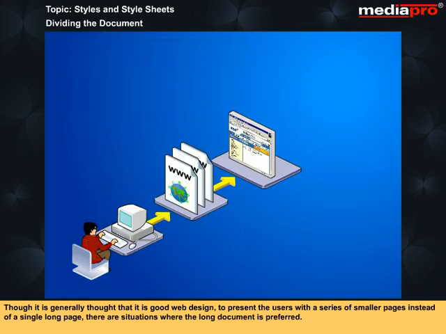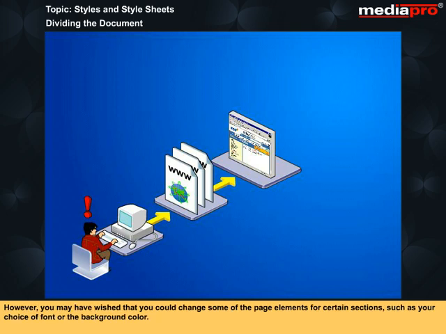Though it is generally thought that it is good web design to present the users with a series of smaller pages instead of a single long page, there are situations where the long document is preferred. However, you may have wished that you could change some of the page elements for certain sections, such as your choice of font or the background color.